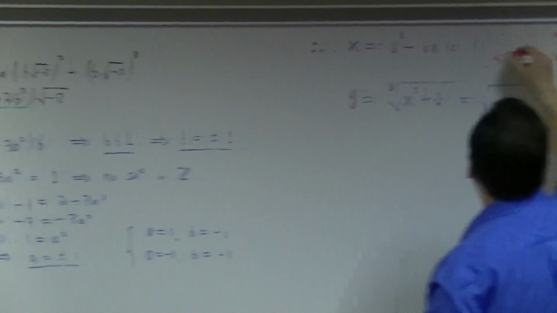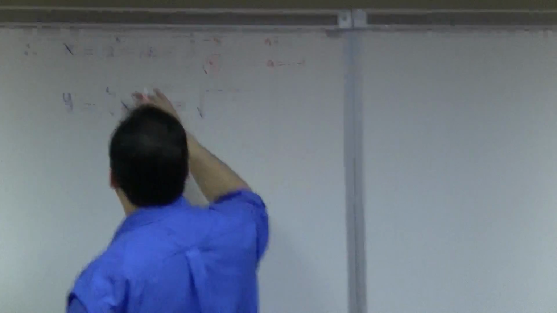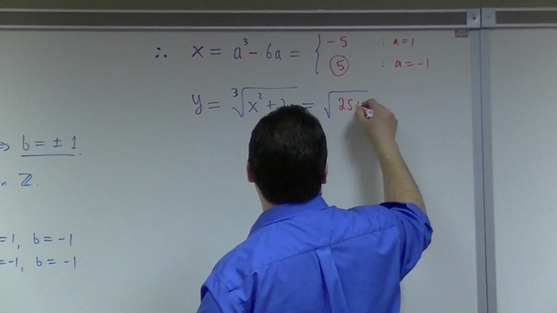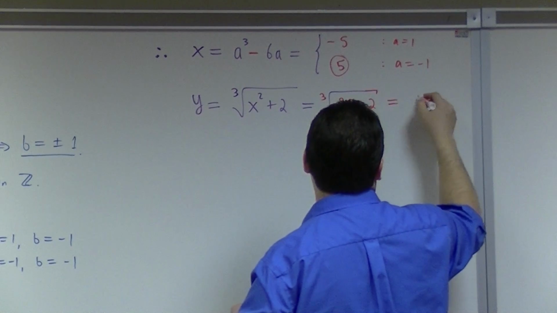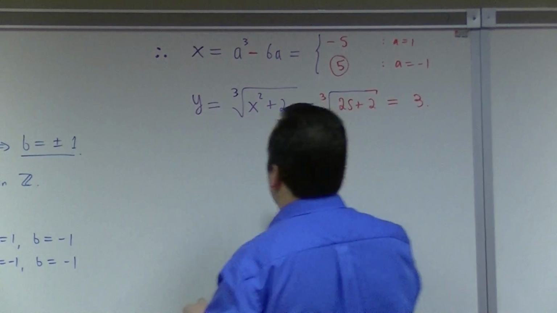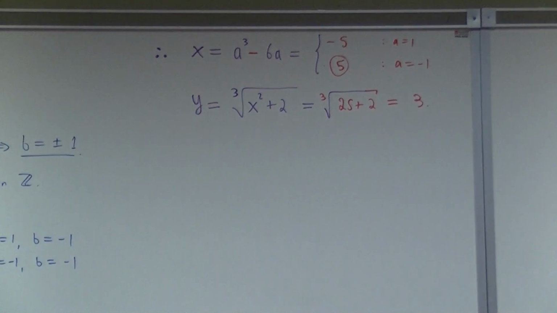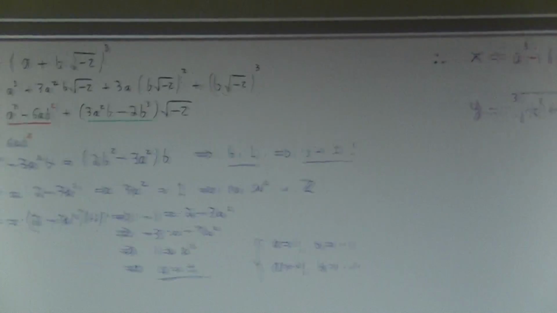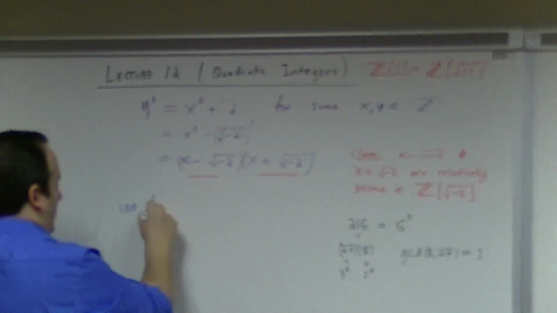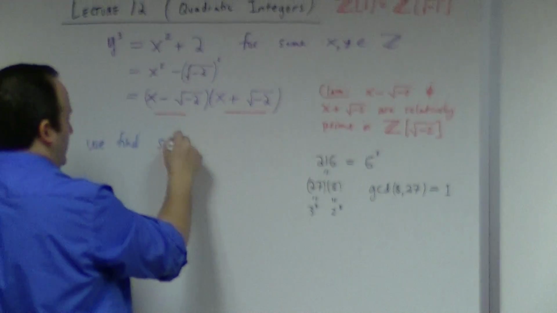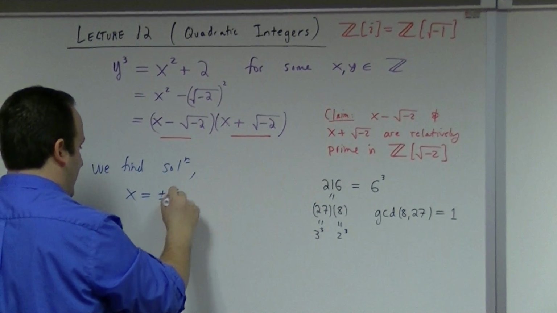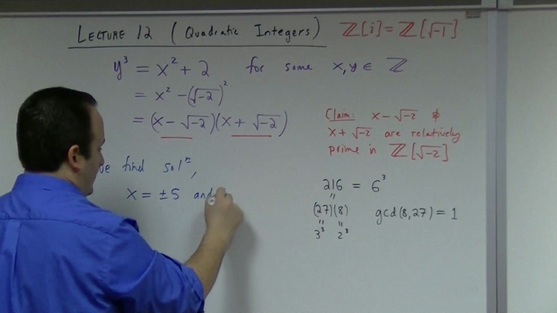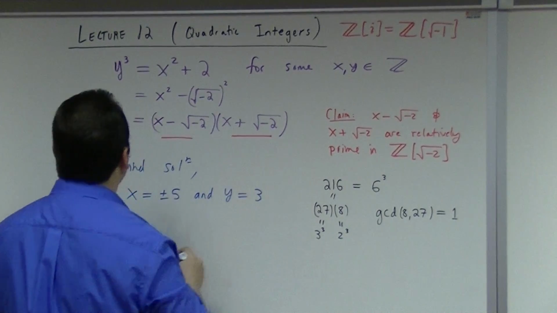So we're interested in this solution mostly. So that's 25 plus 2, which as we know is 27. And of course, the cube root of 27 is 3. So returning back to the start of all this, we find the solution x equals plus or minus 5, and y equals 3.